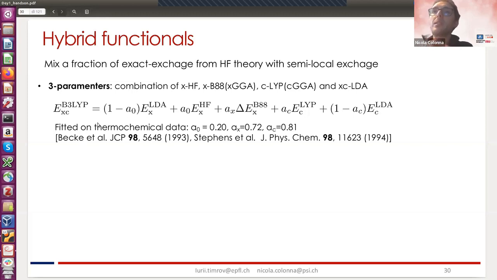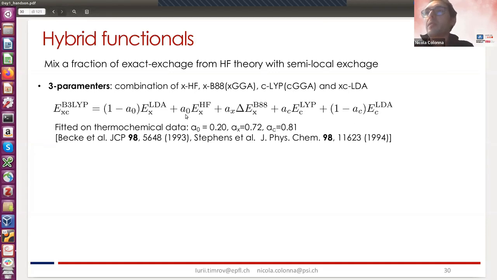The way to mix the Fock exchange with the semi-local GGA exchange and correlation in this very first paper was simply to fit some thermochemical data to experiment or accurate quantum chemistry, and to find the best parameters a0, ax, and ac that completely specify your hybrid functional.